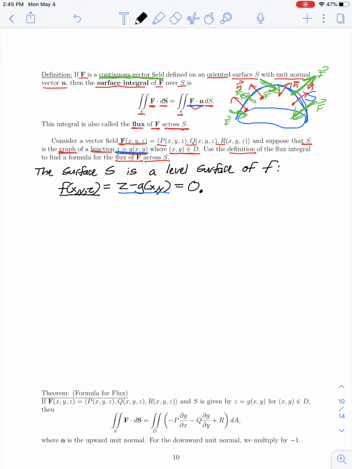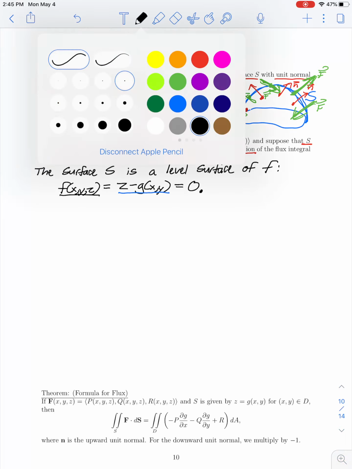Now, what we need to do in order to use this definition of the flux integral is find a unit normal vector to our surface. Now, if we're working with level surfaces, we can recall that one property we had for the gradient vector is that the gradient vector of a function is normal to the level surface of that function.